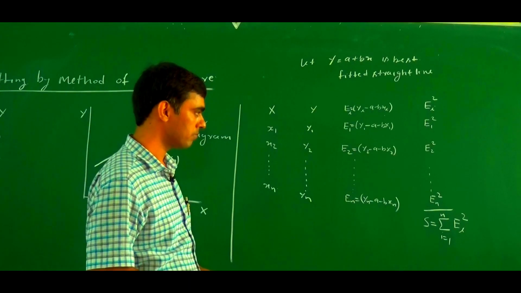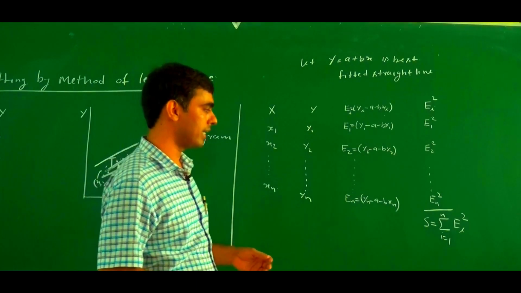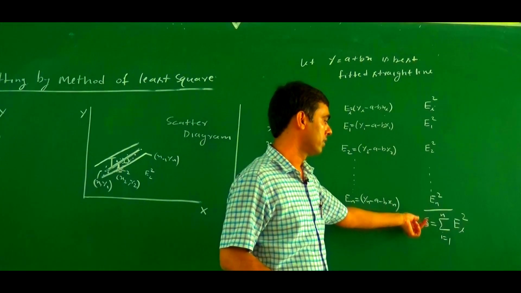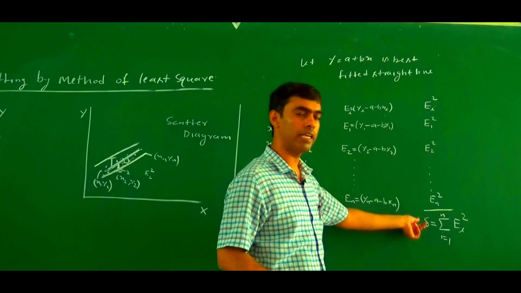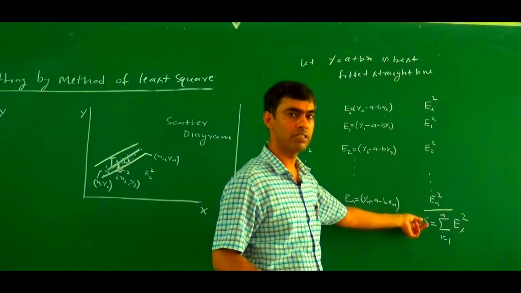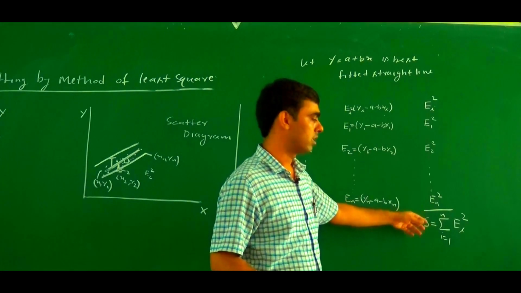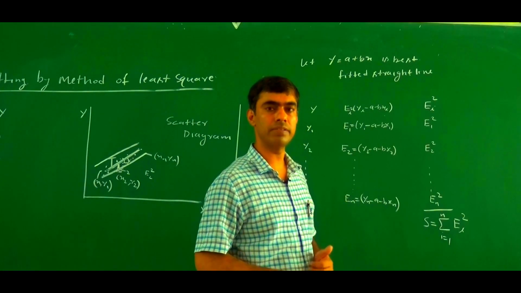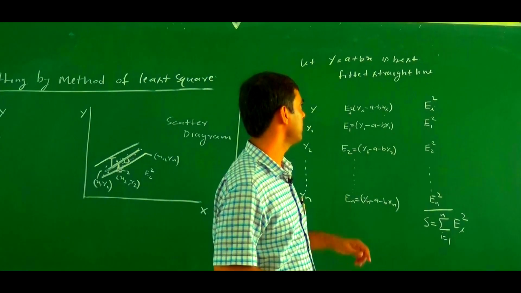Now, what is our aim? Our aim is to minimize this error, the sum of the squares of the errors. So, by the method of calculus, how do we minimize any function? If we try to minimize any function, then what is the necessary condition? First derivative equal to 0. But here what is the variable?